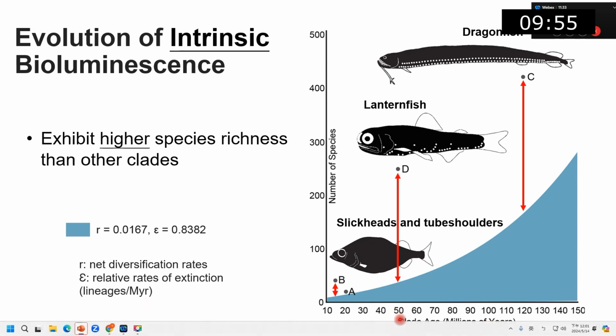In this figure, the x-axis is their age in million years and the y-axis is the number of species. So we can see the dragonfish and lanternfish have much higher species numbers than the general curve.